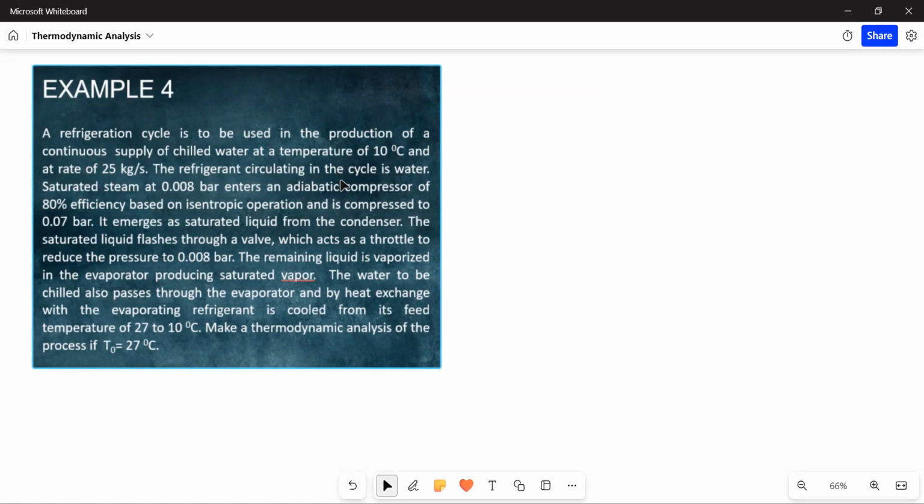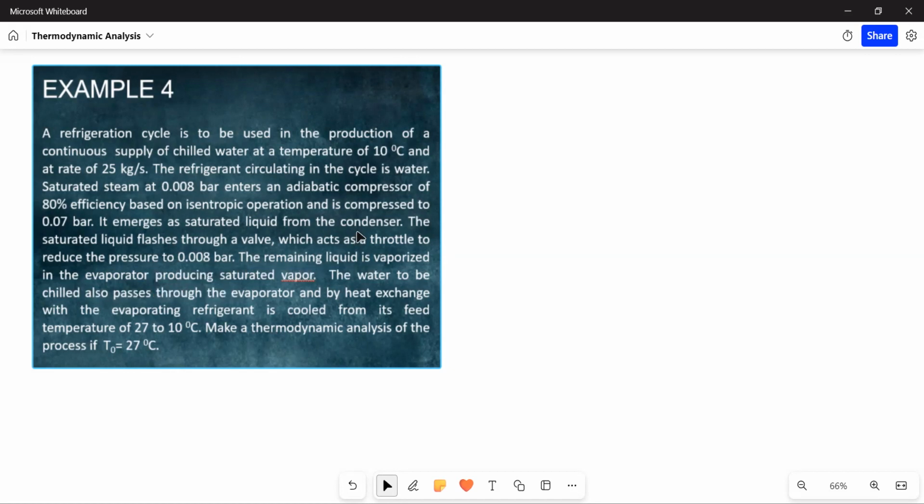Saturated steam at 0.008 bar enters an adiabatic compressor of 80% efficiency based on isentropic operation and is compressed to 0.07 bar. It emerges as saturated liquid from the condenser.